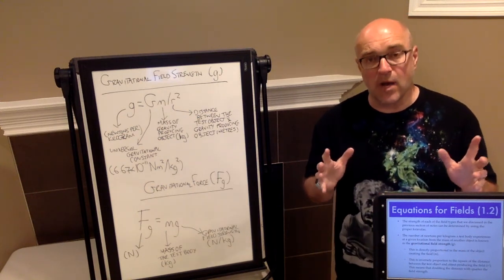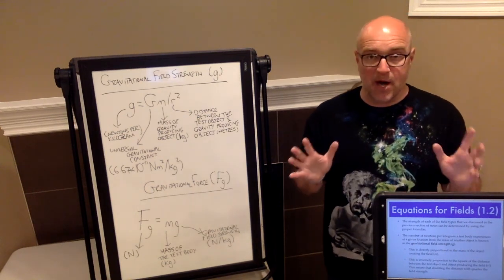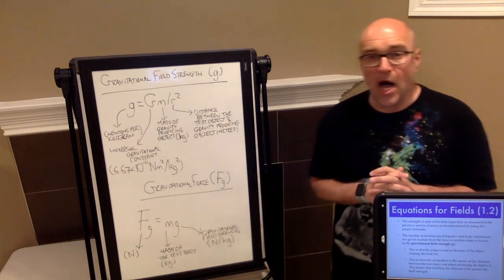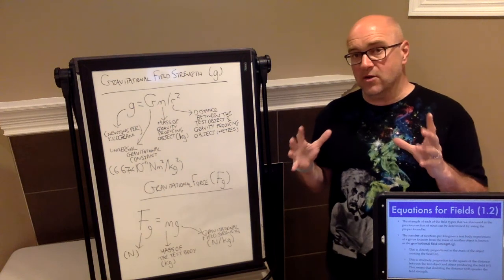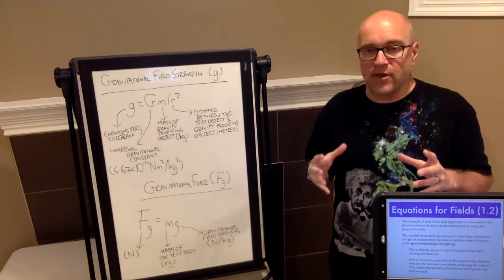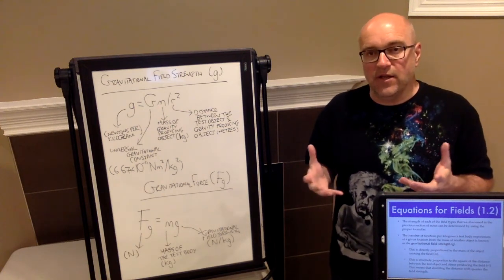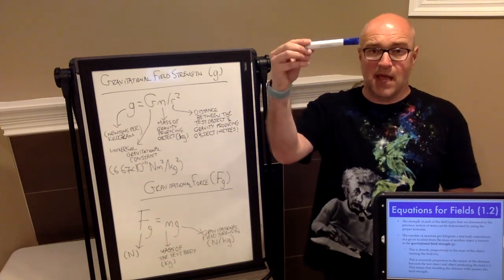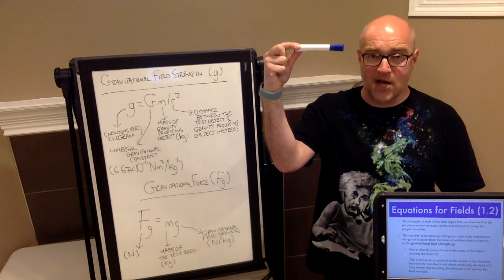Now, what does that mean? Well, let's take an example here. What's a test body again? A test body I talked about last time in 1.1. It's any object that, if you put it into a field, can actually show that it's having a reaction to the field. So if this is a gravitational field, for example, I'm going to use this pen as my test object.